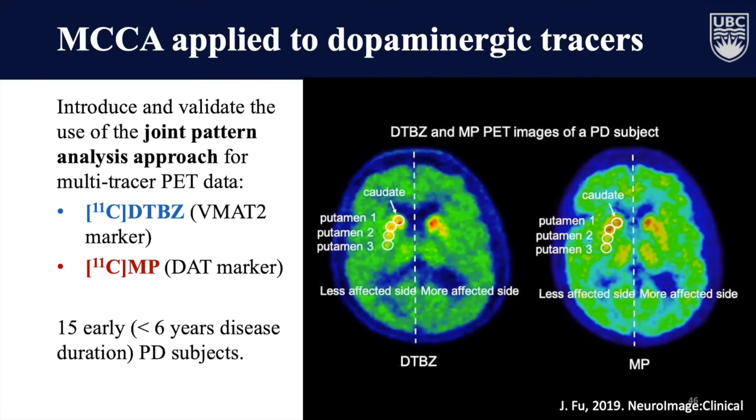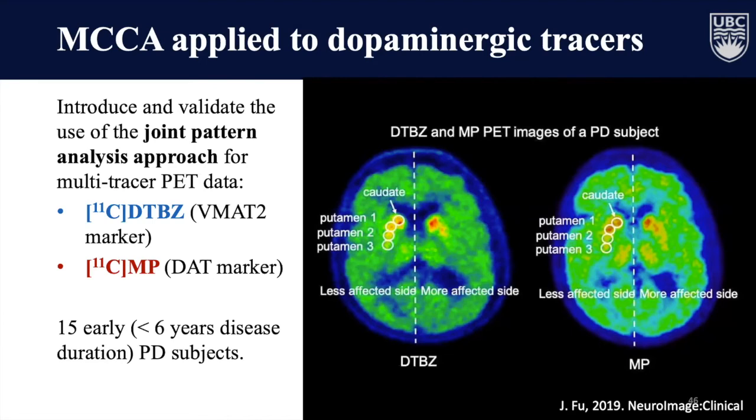In the two images here, they have very similar disease-induced gradients in the putamen. The posterior putamen is affected more compared to the anterior putamen, and the caudate is relatively preserved. The differential role between the two tracers is still unclear.